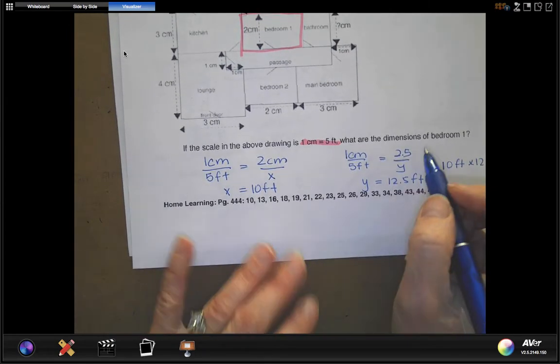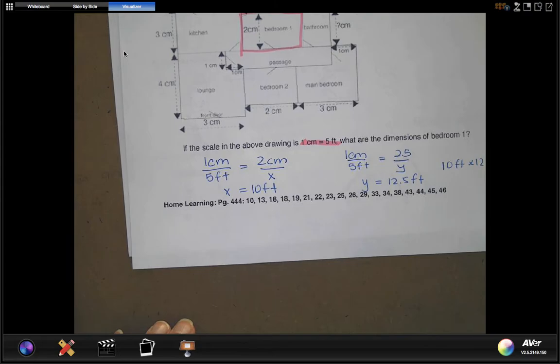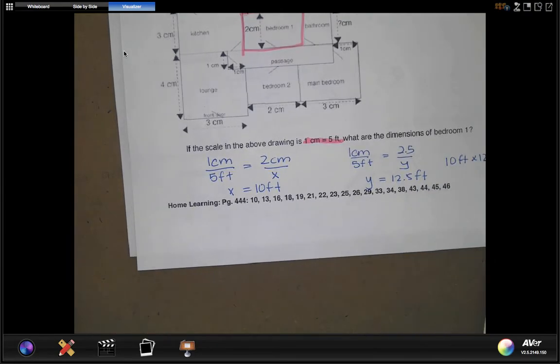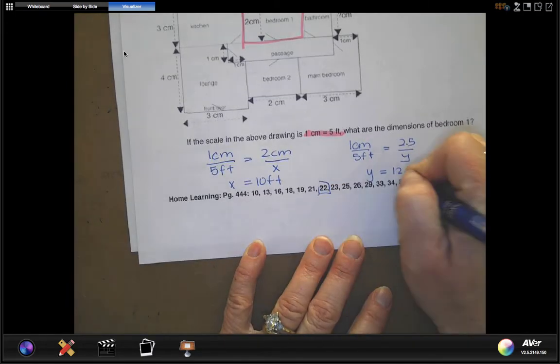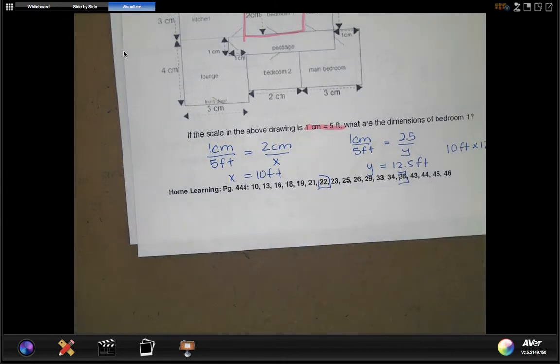Okay? So I'm going to look at 2 homework problems with you. I'm going to look at 22 and 38. All right, so for 22, this is just like the one that we just looked at with the poster and Mr. Morley.